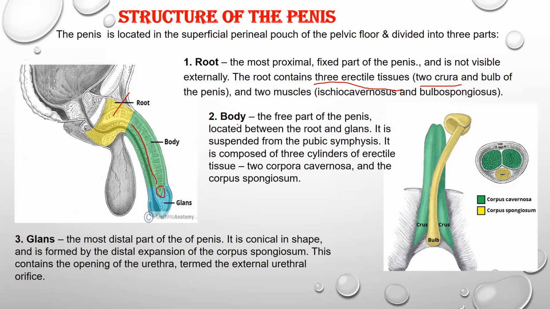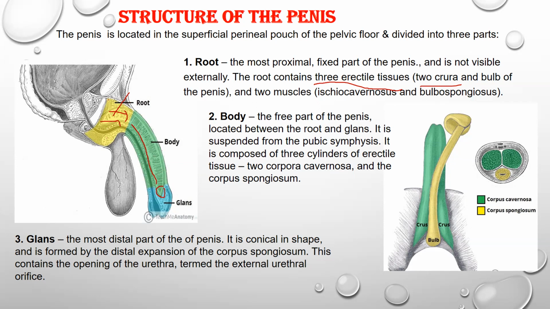The root is the most proximal fixed part of the penile structure, and this is the area where our pelvic floor muscles are attached. So whenever we are talking about erection, we need to pump blood towards the body, because the body is going to show the erection. We need more filling of blood towards that body.